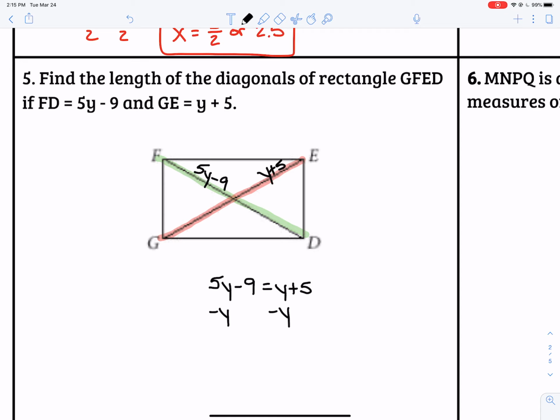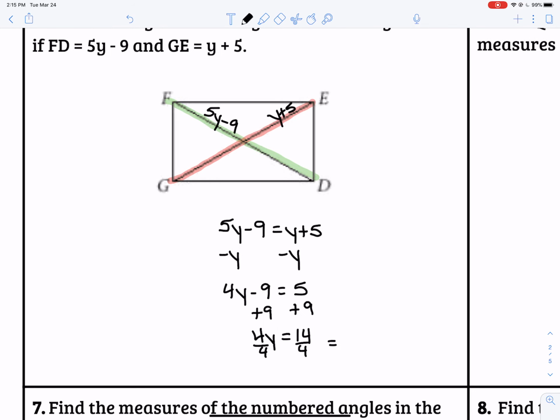We're going to solve for y, so let's subtract y from both sides. So we get 4y minus 9 equals 5. Let's add 9, so we get 4y equals 14. And divide both sides by 4. So we end up with 7 over 2, or 3.5 for our value of y.